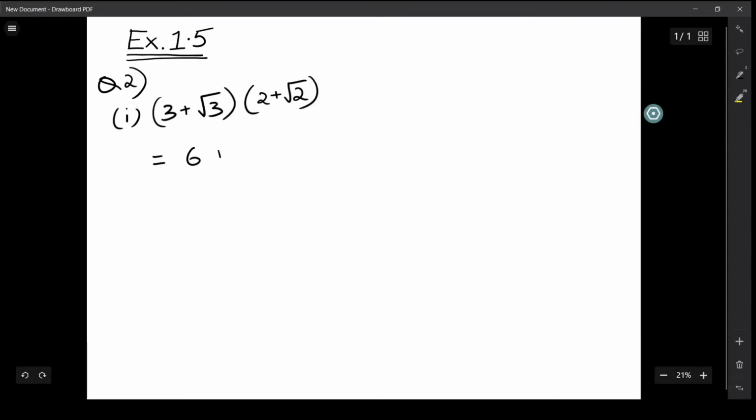This multiplication we get 6 plus 3 root 2 plus 2 root 3 plus root 6. And that's its most simplified form.